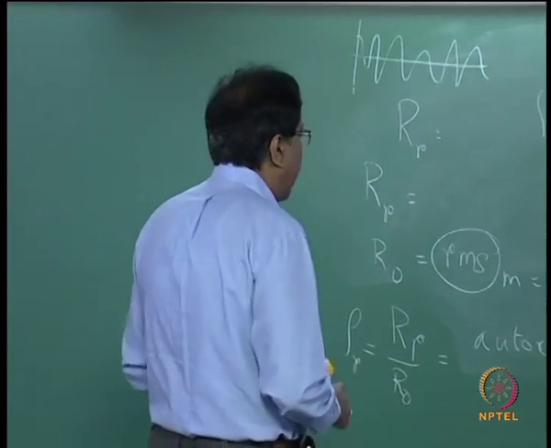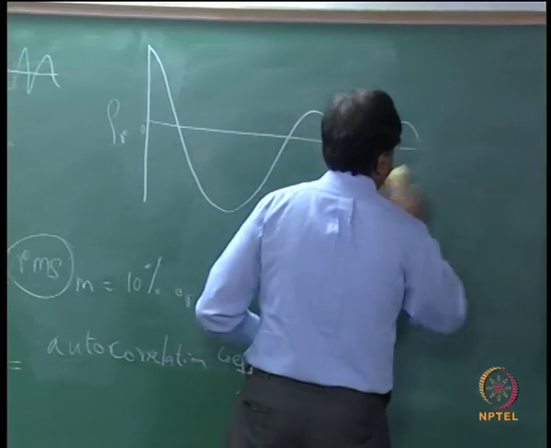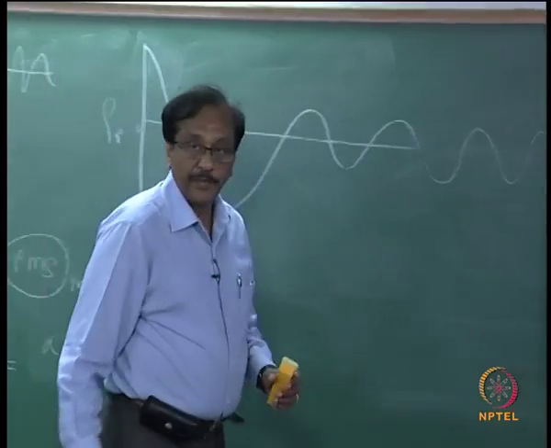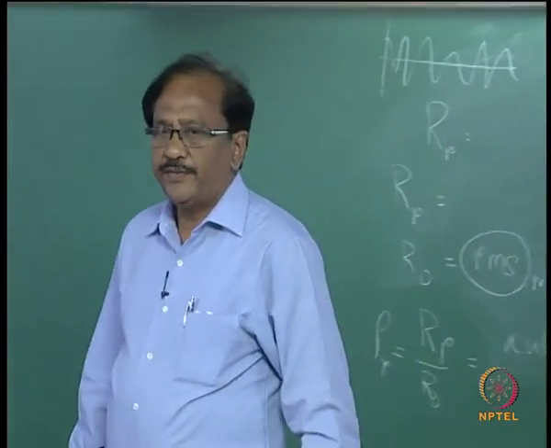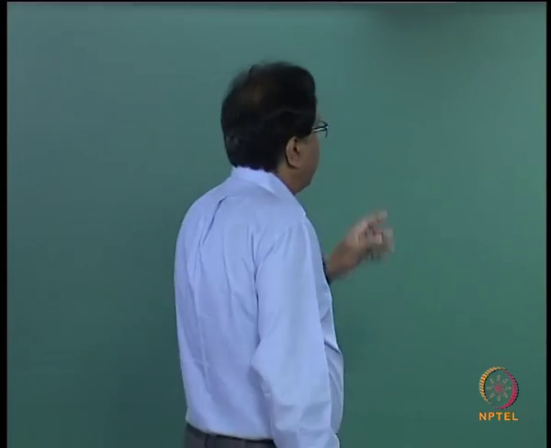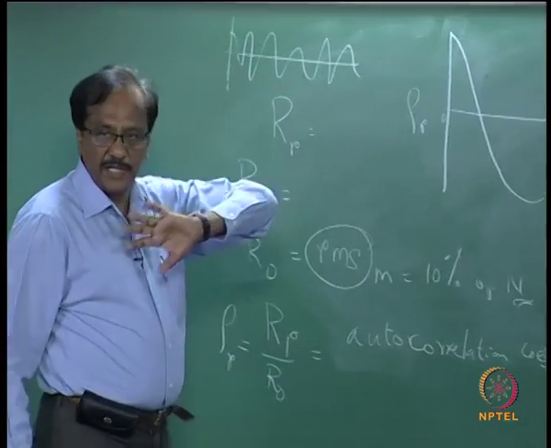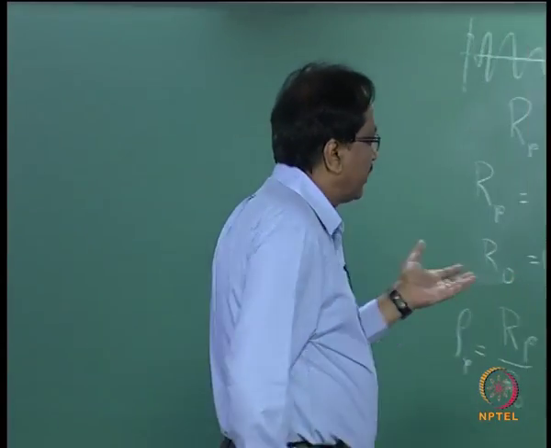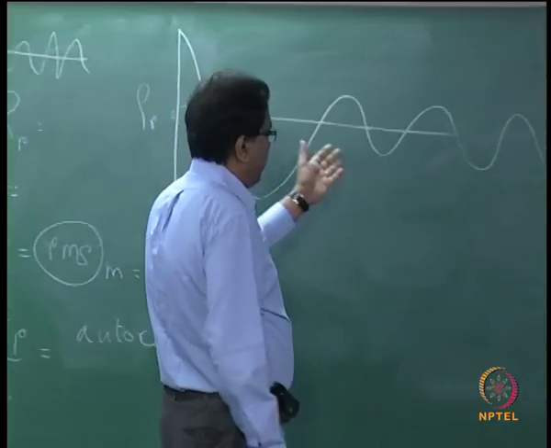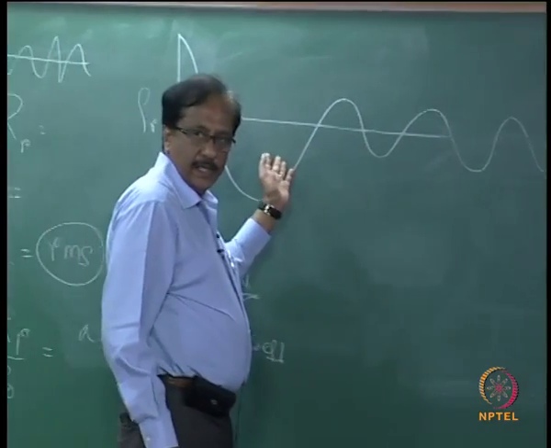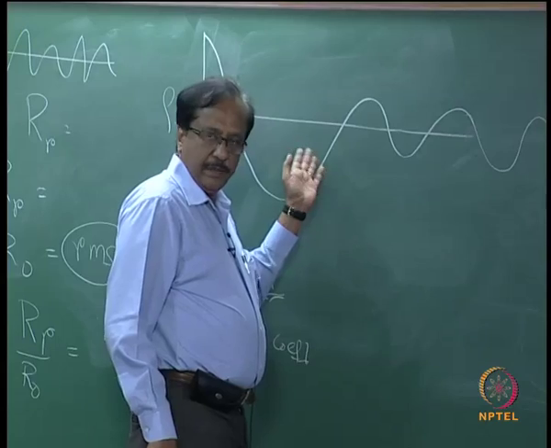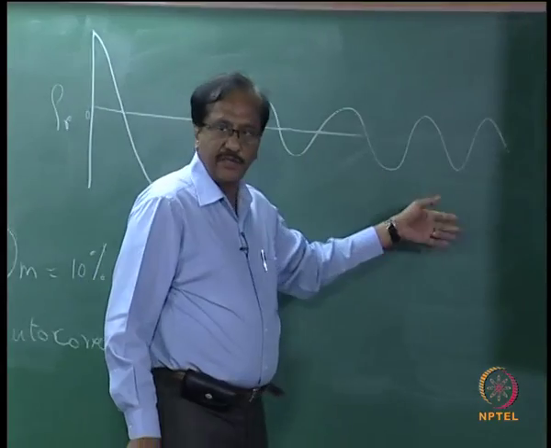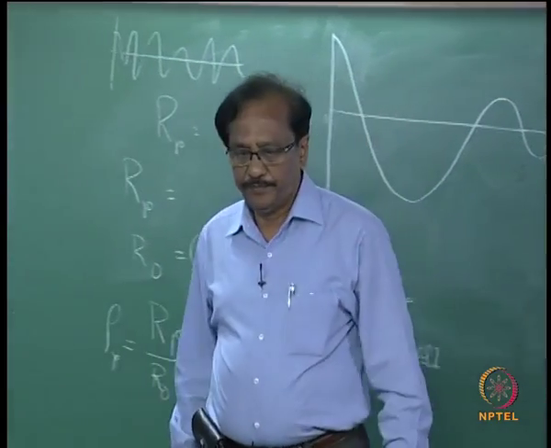Sometimes it would not die down, but would be oscillating something like this. That means although the time history looks more or less random, it is not that random, because of a certain dominant period which is built into the random waves. So this is because of the existence of a particular periodicity. Is that clear?